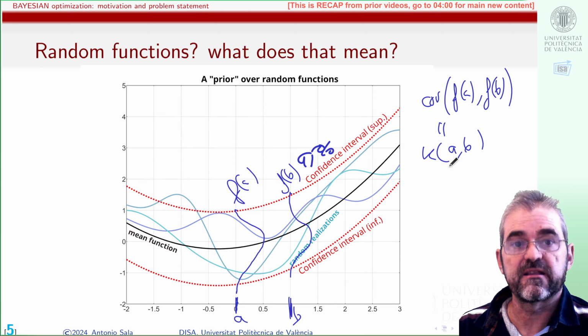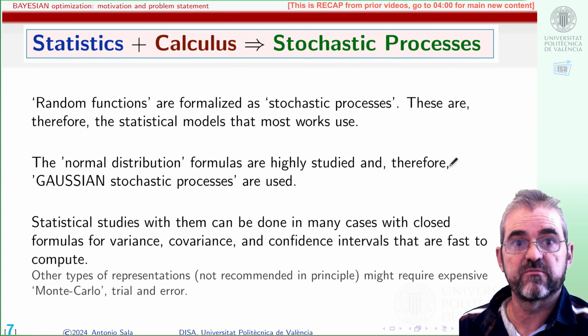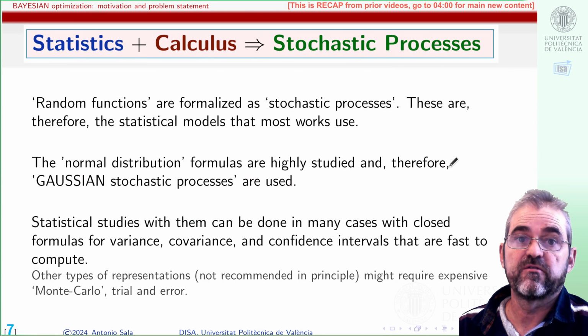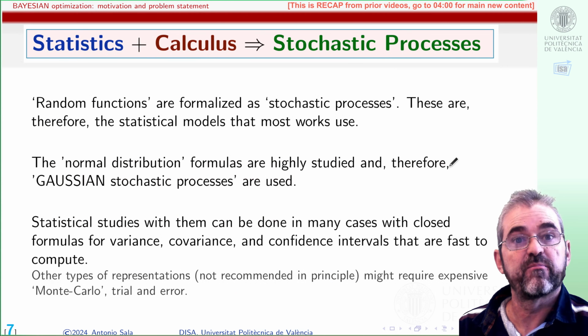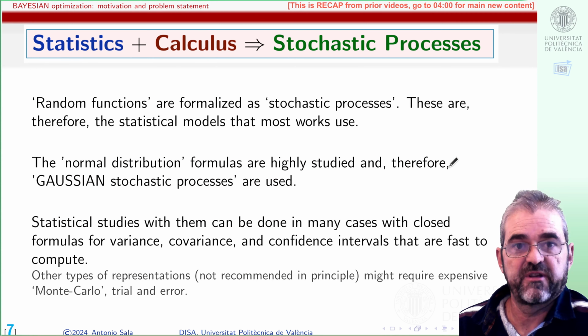So the theory of all that is the framework of Gaussian processes, and its properties, continuity, differentiability, whatever, need of course a rigorous development that is out of the scope here.